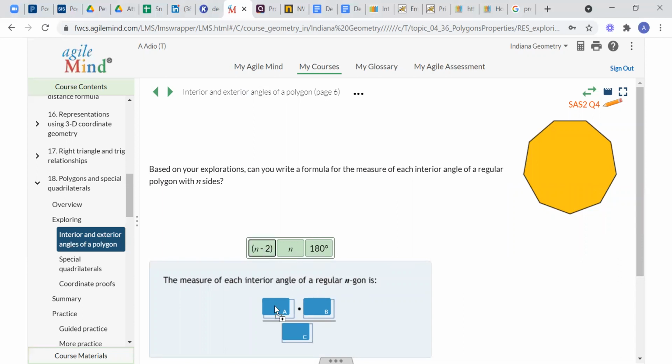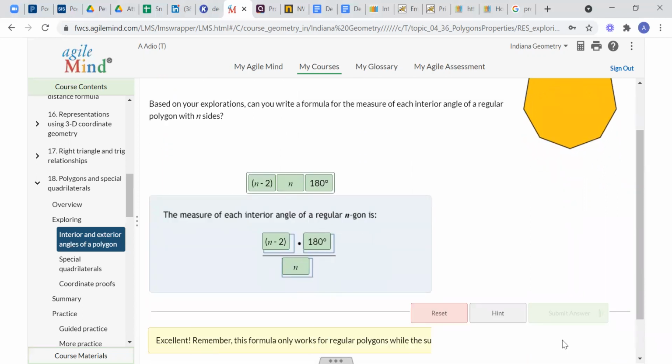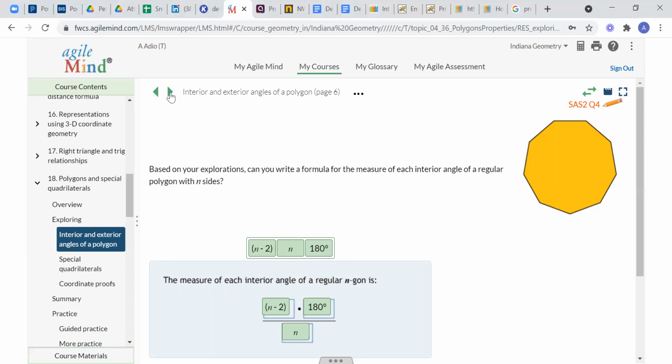Since we have the sum of interior angles as n minus 2 times 180, once you divide this sum by the number of sides, you find each interior angle. So this is a special formula that you shouldn't forget.